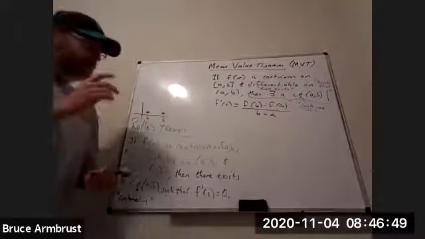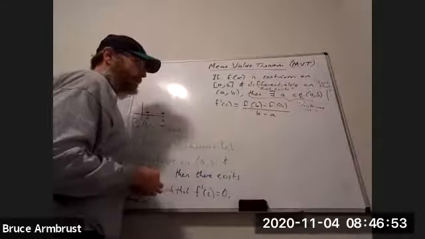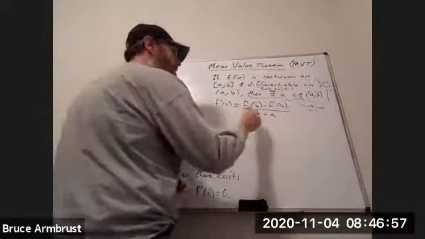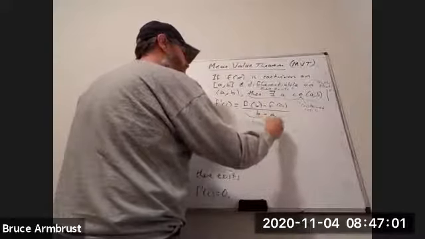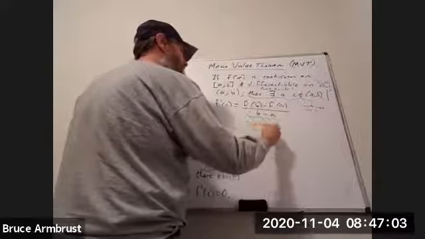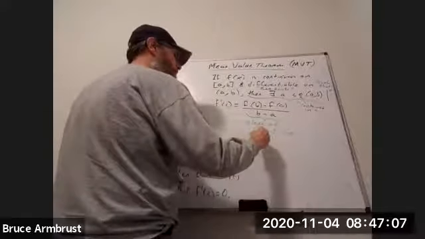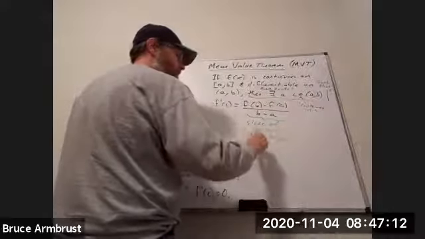Okay, so here's what this is saying. The bit that's on the right, the f of b minus f of a over b minus a, this is the slope of the secant line that connects the endpoints.